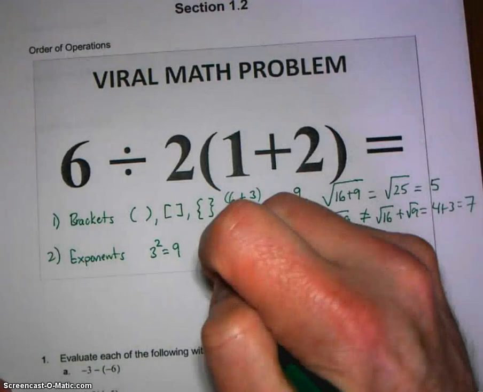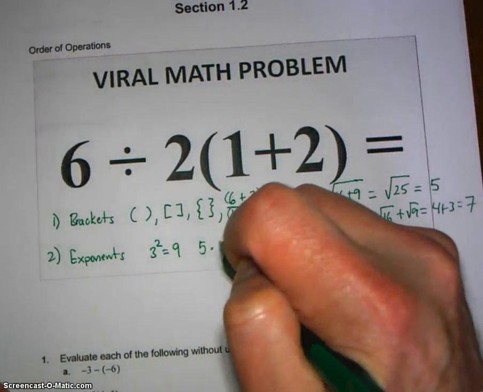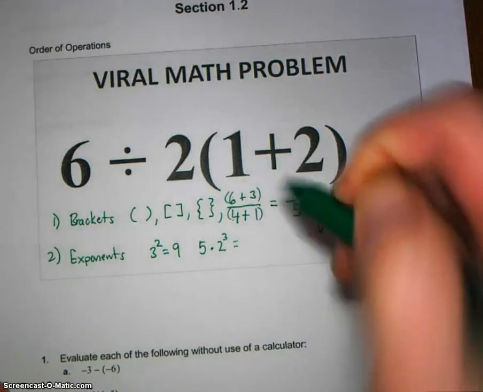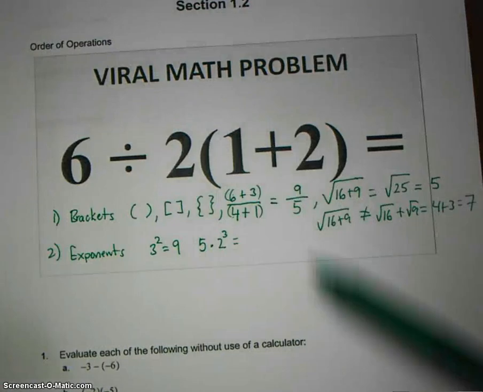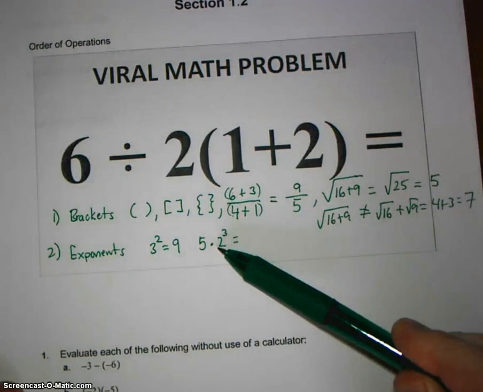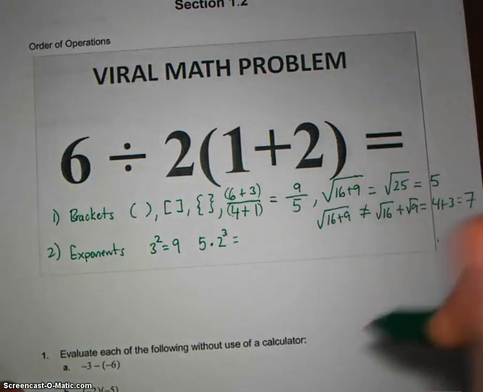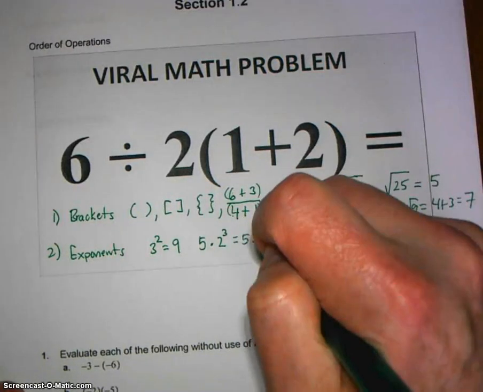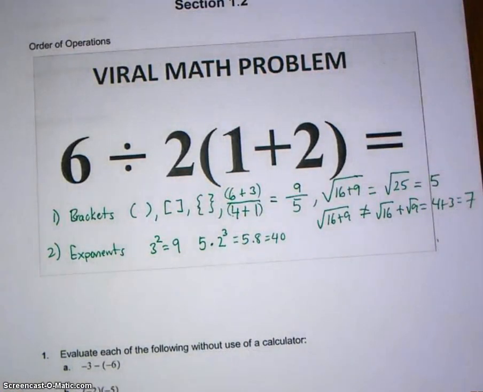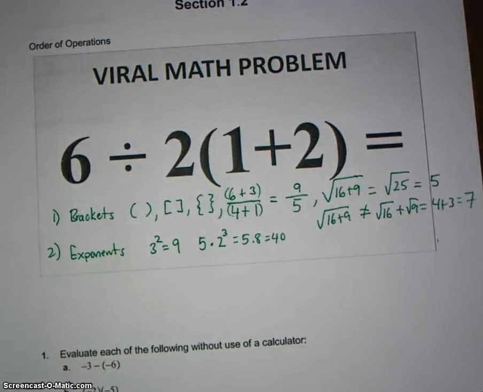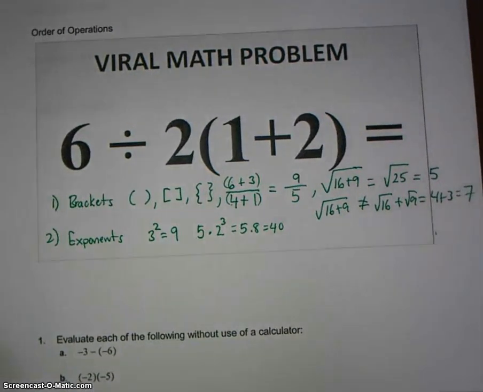Or if I gave you something like 5 times 2 cubed, you do the exponent first. 2 cubed is 8. 8 times 5 is 40, so that's 5 times 8, which is 40. Exponents come before multiply. All right, I'm going to do some more examples of exponents in a minute, ones that really baffle students for a while, but we'll figure those out.